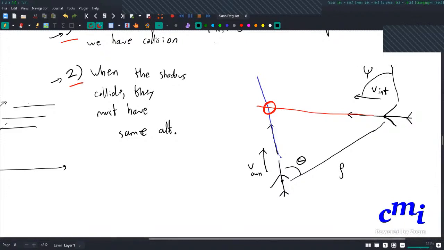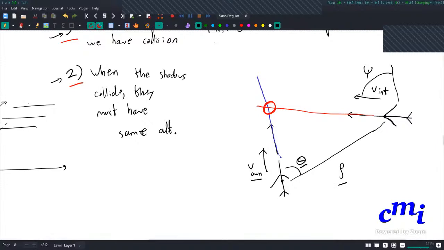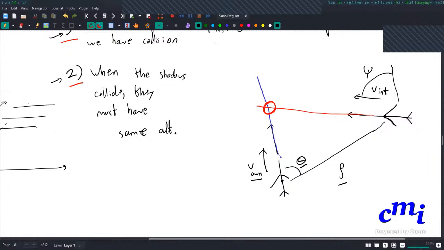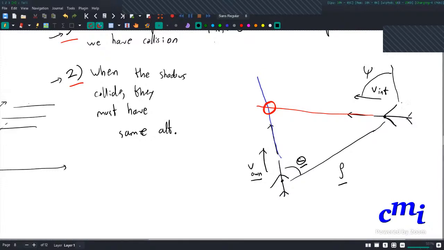So that means we know the relative position from rho and theta. We know our velocity, which is just this particular direction upwards, because we have oriented the picture so that we are always traveling upwards, or towards the top of the page. And we know the velocity of this aircraft because we know its speed and that the speed is oriented in this sort of direction.